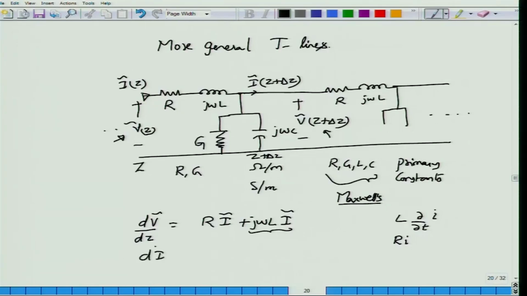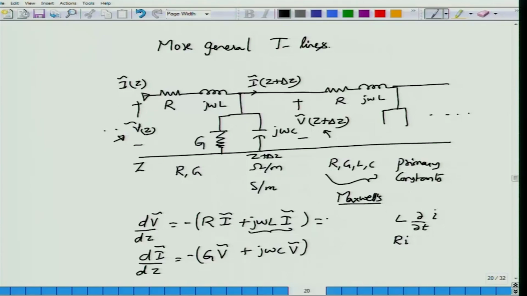Similarly, we have another equation for the current phasor, which is dI by dZ, and that would be given by G into V, G being the conductance, conductance into voltage will be the current, plus j omega C into V phasor. Sorry, there is a minus sign all over the place which I forgot. So, there will be a minus sign here.